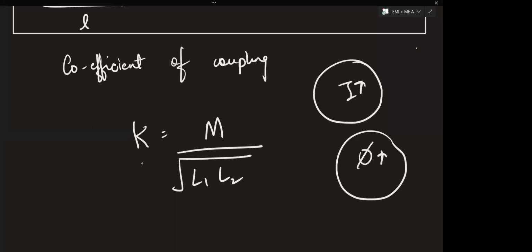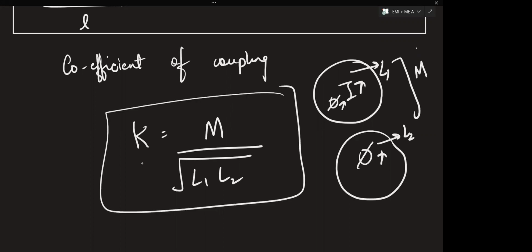But if current has increased in this coil, it can happen that flux is also changed within this coil and EMF is induced. So it will have a self-inductance. Similarly, this coil will also have a self-inductance within itself. But since both these coils are kept together, both of these will have mutual inductance as well. So the relation between them is given by this, which is known as coefficient of coupling.